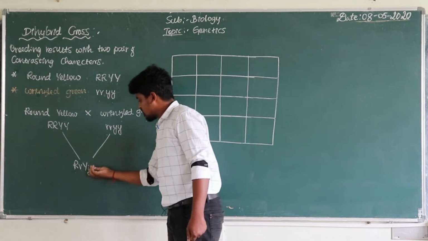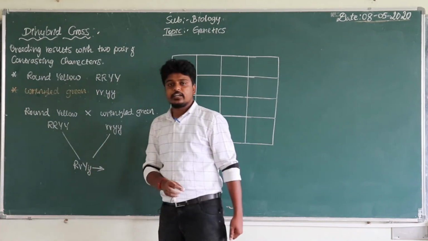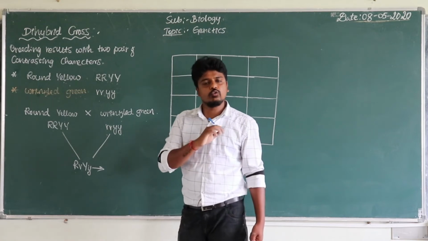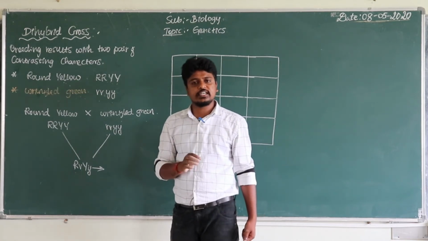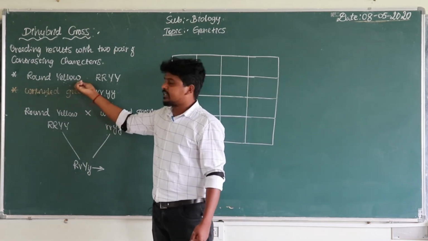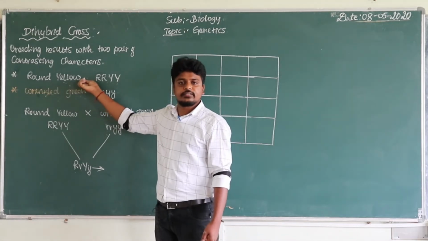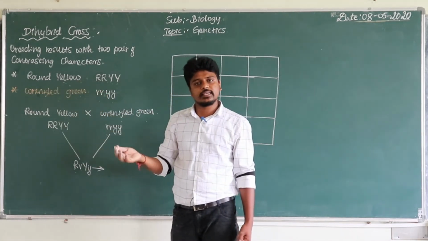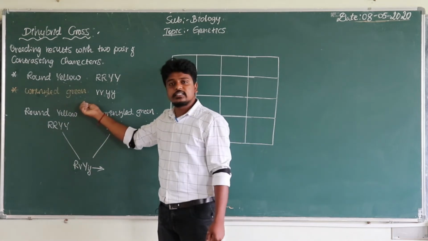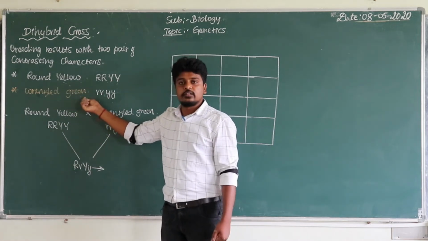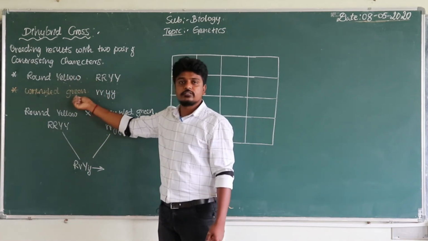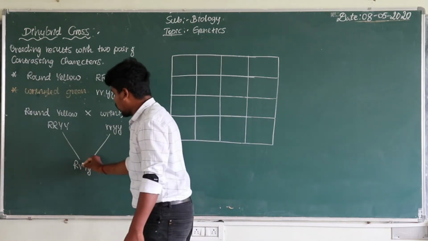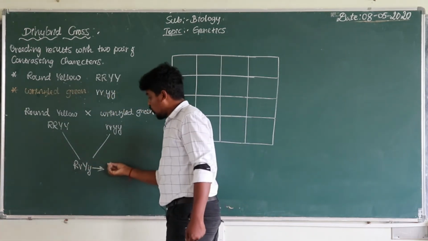In the first generation, you will get all round yellow only. There will be no changes. In the first generation, the dominant characters will suppress the recessive characters. What are the other characteristics? Wrinkled green is completely dominated by the round yellow. In the first generation, you will get all plants as round yellow.